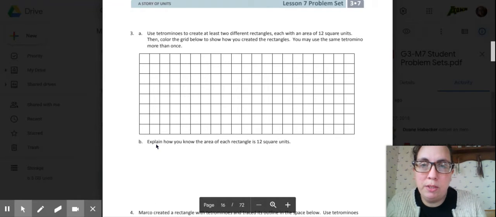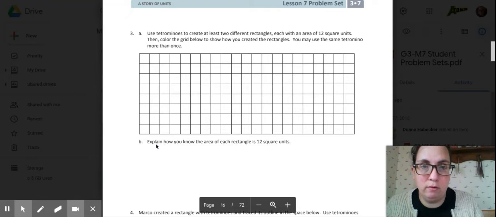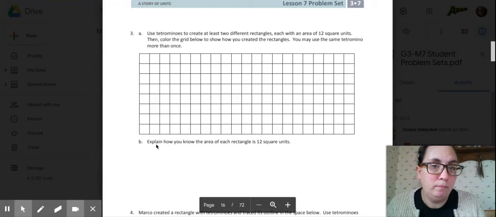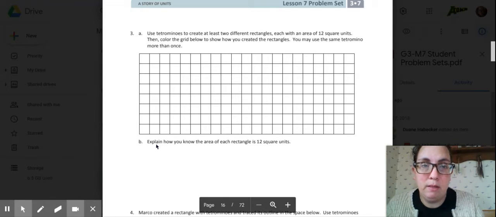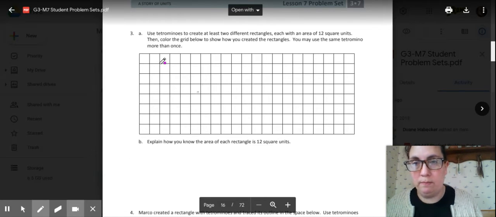You're going to use the Tetris pieces to create two different rectangles. It does not have to be the 12 square units. You can just make two rectangles. If you were going to use the 12 square units, one of the examples they have in the book has them using two squares and one rectangle piece.